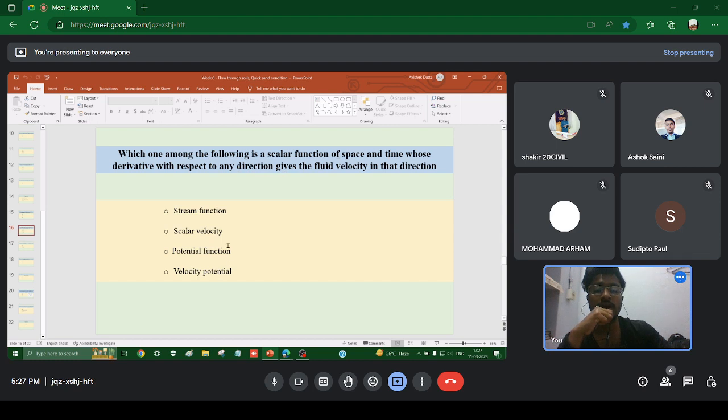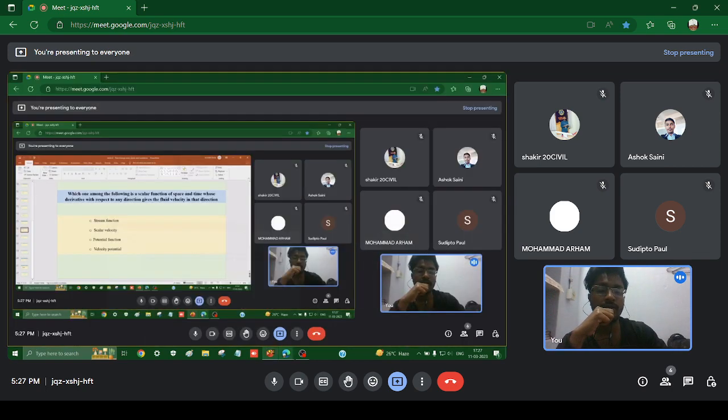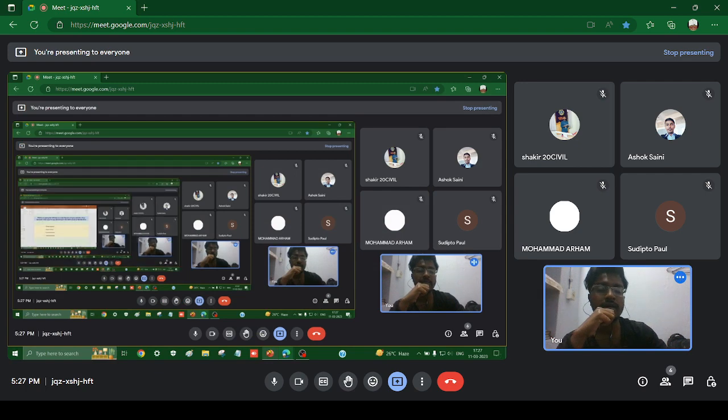Means if you take that function, suppose it is the potential function, and you differentiate it, that derivative will be equal to the fluid velocity in that direction. When you differentiate the function, the result is equal to the fluid velocity.